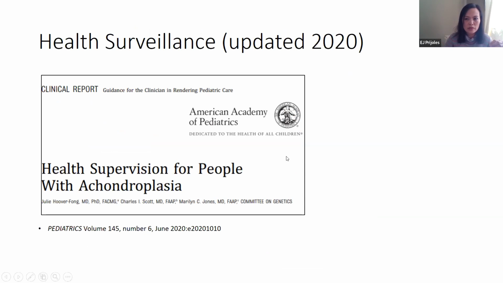Great. And so there are various health surveillance guideline updates and publications for different conditions, including Turner syndrome, and then this one for achondroplasia. So if you ever have a patient with a particular condition, it's always nice to look to see if there may be health supervision guidelines that have been published.